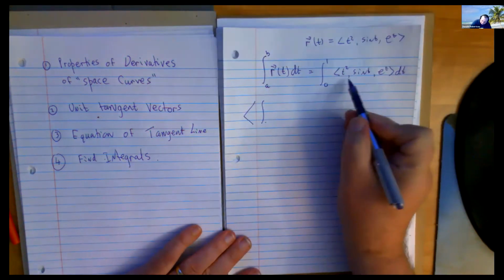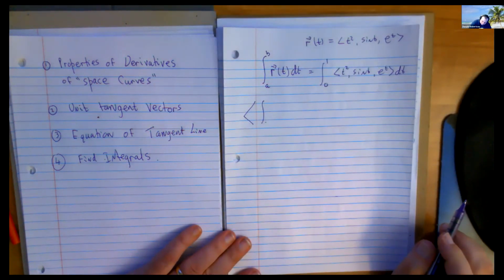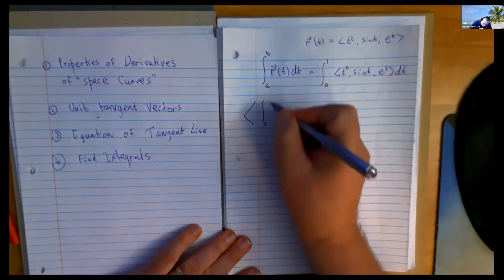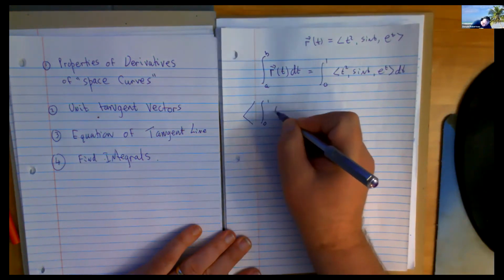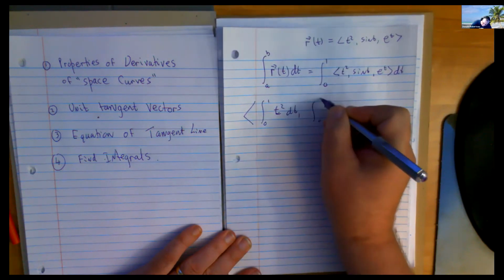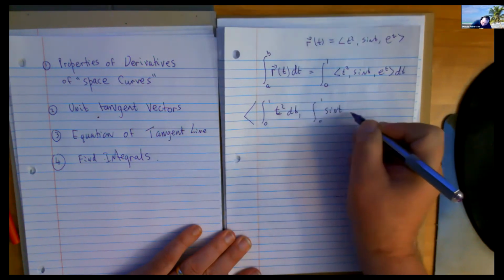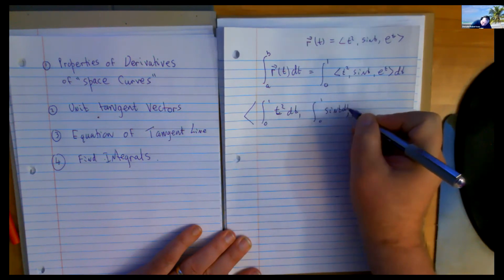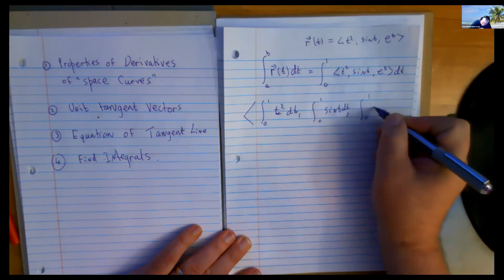Didn't you just break it into 3 separate integrals? And so you'd get the integral from 0 to 1 of t squared, then the integral from 0 to 1 of sine t, and then the integral from 0 to 1 of e to the t.